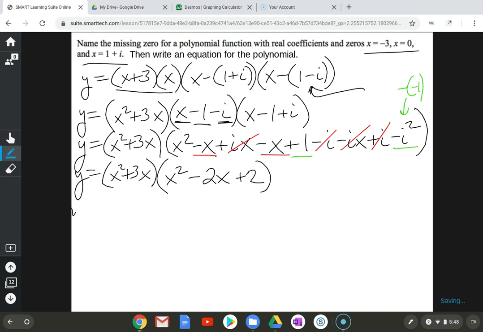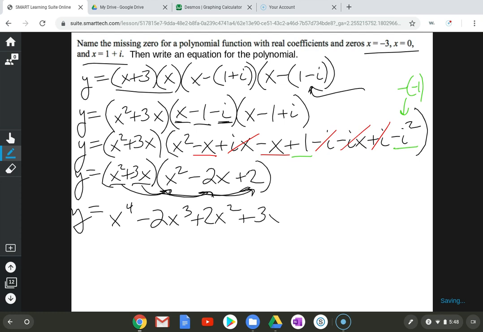All right, now we can start distributing this. So we're going to do x squared times each of these. So I get x to the 4th minus 2x cubed plus 2x squared, and then 3x times each of these. So I get plus 3x cubed minus 6x squared plus 6x.